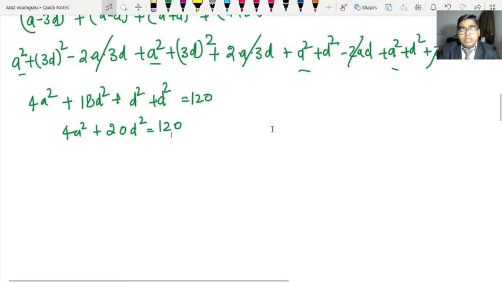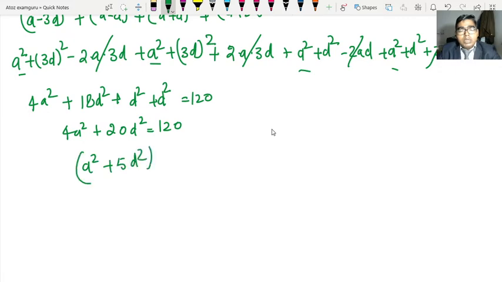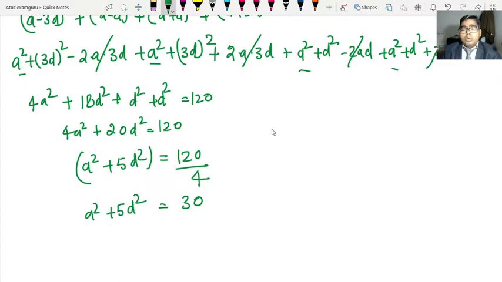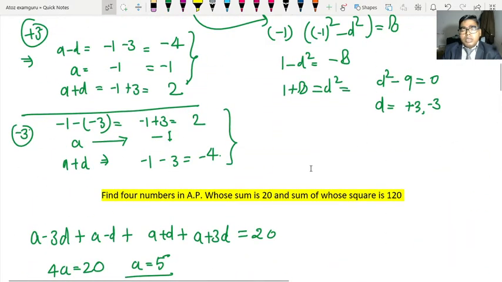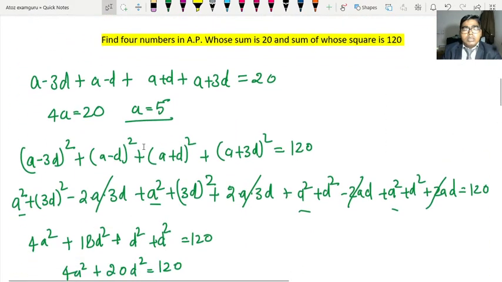If you take 4 common, you will get a square plus 5d square equal to 120 by 4, which is 30. And what is the value of a? The value of a in this case is 5.